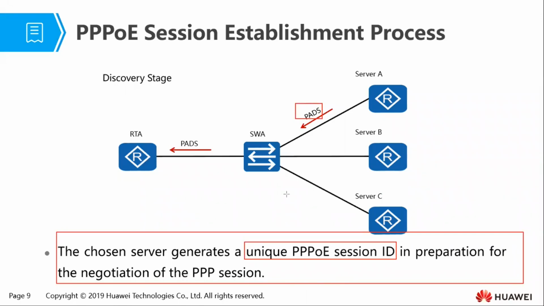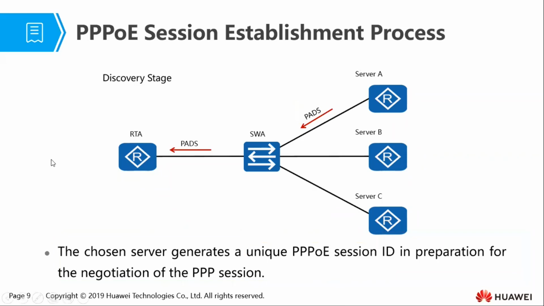So after the PPPoE session is established, we now go ahead and negotiate and form a PPP session, what we looked at in the previous chapter. The code field that is used to identify a PPPoE active discovery session packet is 0x65. Again, as you can see, the PPPoE active discovery session packet is a unicast.